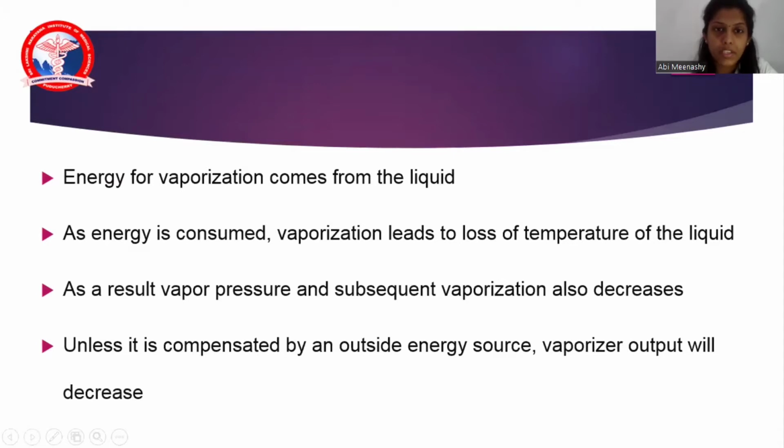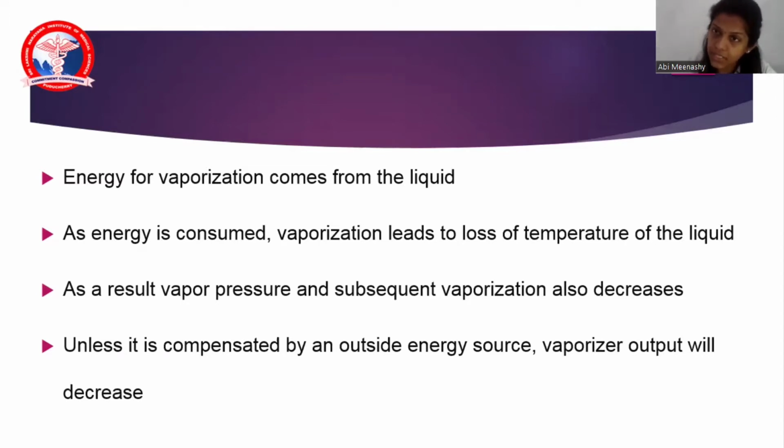Energy for vaporization comes from within the liquid. As vaporization happens, energy is consumed, and there is a loss of temperature of the liquid. As it continues, the liquid becomes lower in temperature. As a result, vapor pressure and subsequent vaporization will also decrease. Like I told you, if temperature increases, vaporization increases.